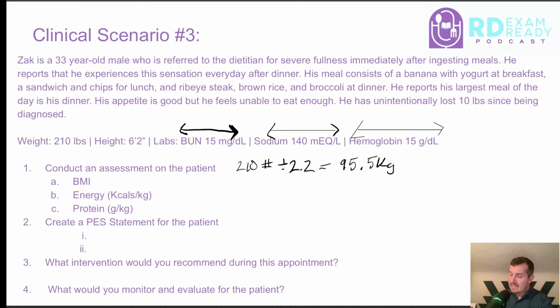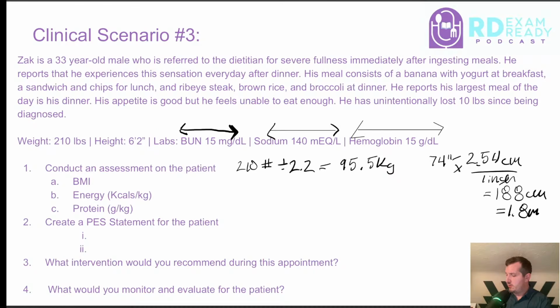For his height, he's 6'2", so that would be 74 inches tall. 74 inches times 2.54 centimeters for every 1 inch would get me 188 centimeters, which would be equal to 1.8 meters.